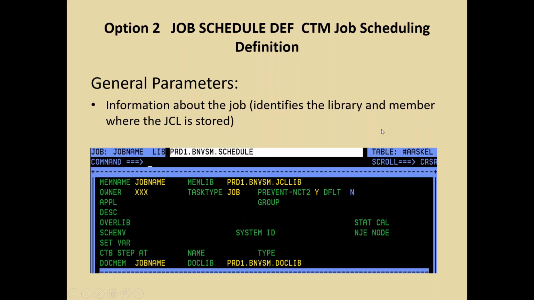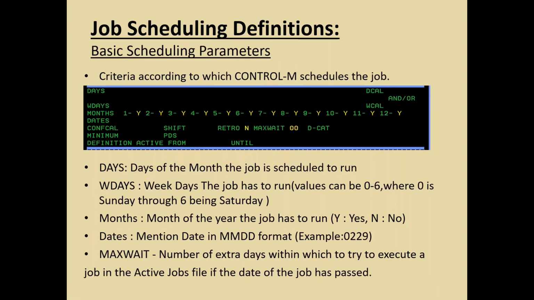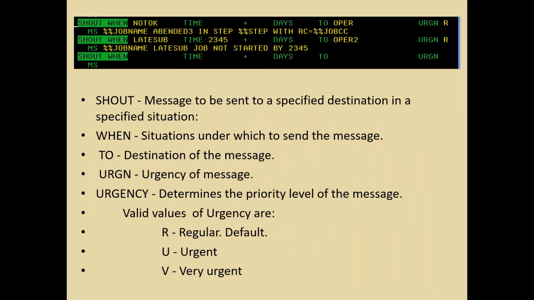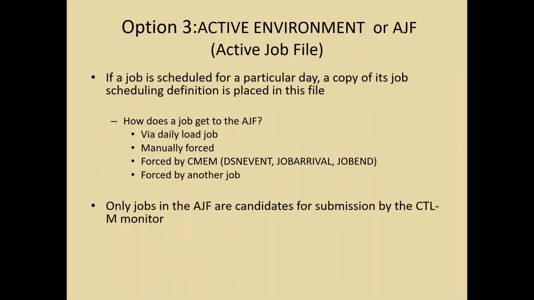Then I will get a list of jobs. From that list, I will force job A into production. How I will force is, in front of that job, I will give the character F. Character F stands for forcing a job from a schedule library. So manually forcing is nothing but manually bringing some job into your AJF.